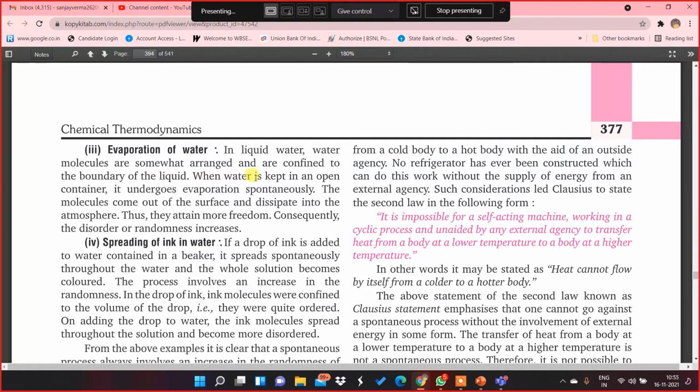But when water is kept in an open container, naturally it undergoes evaporation spontaneously. Slowly, the molecules come out of the surface and dissipate into the atmosphere. Thus, they attain more freedom. This more freedom means disorder, randomness. So, consequently, the disorder or randomness also increases in the case of water evaporation.